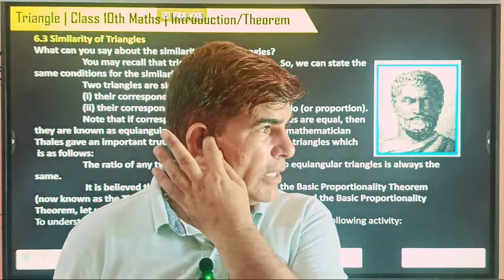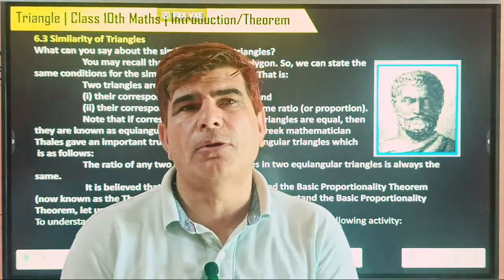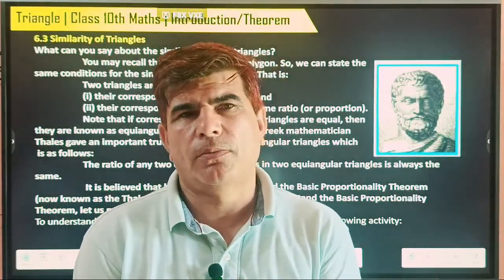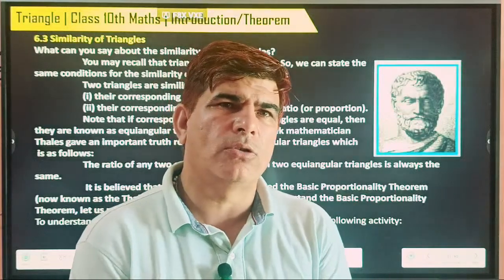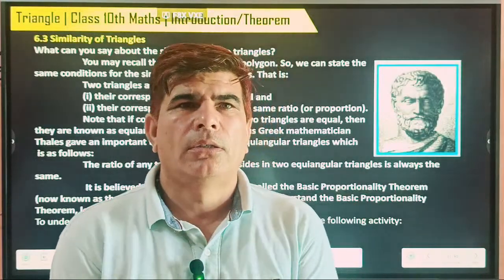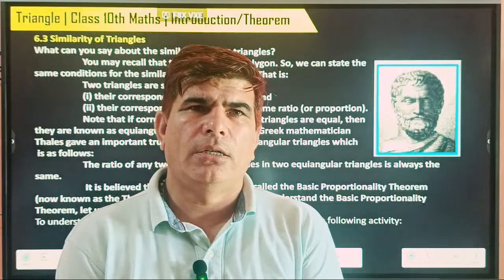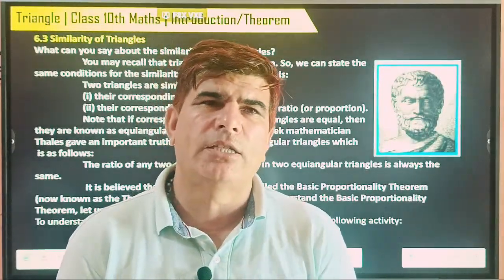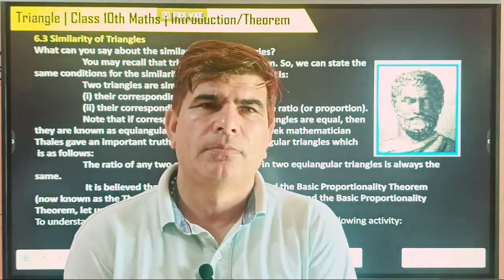Till yesterday I told you the types of triangles, and the definition of congruent triangles or congruent figures. Two figures are said to be congruent if their shape and size are the same.